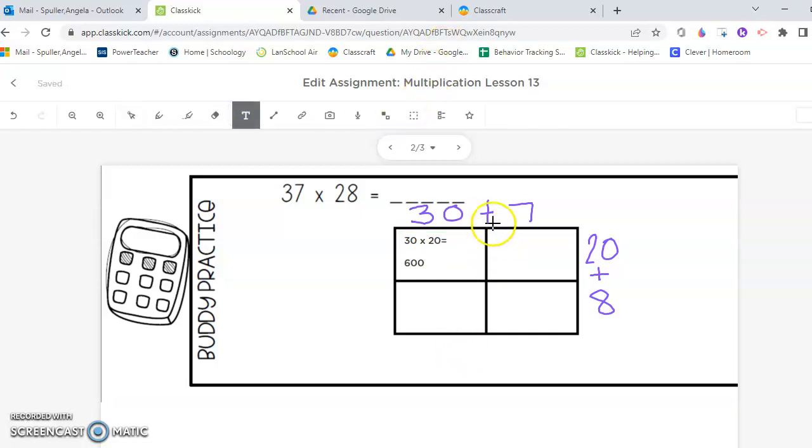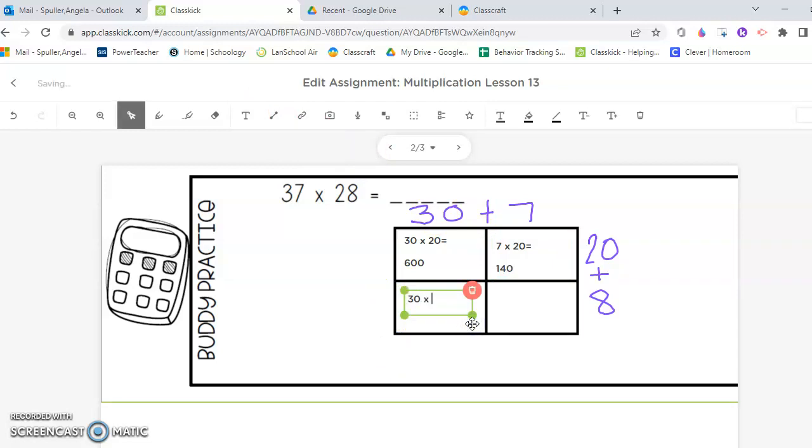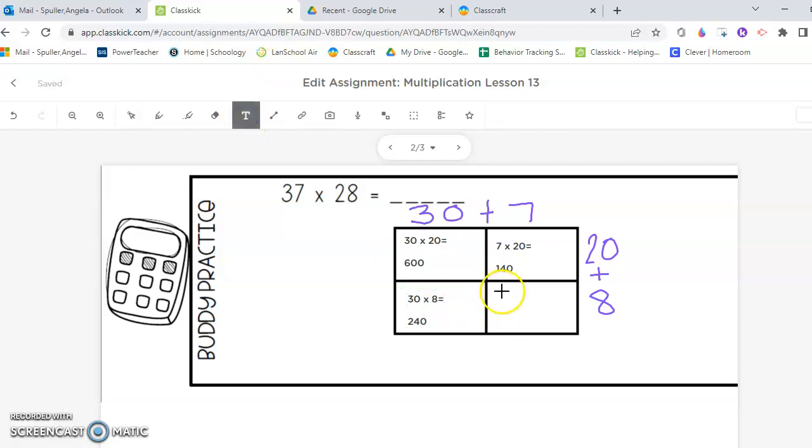Then we have 7 times 20 equals 14, add a zero. Then we get 30 times 8 equals, 3 times 8 is 24, add the zero. And here we go, we have 7 times 8 equals 56.